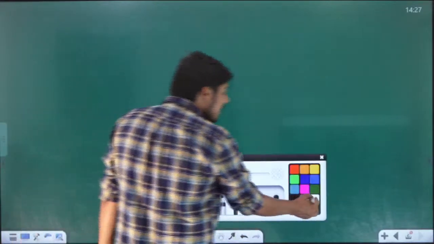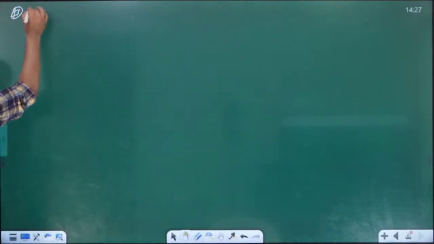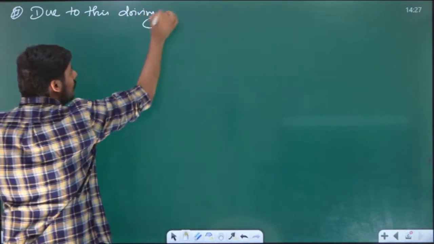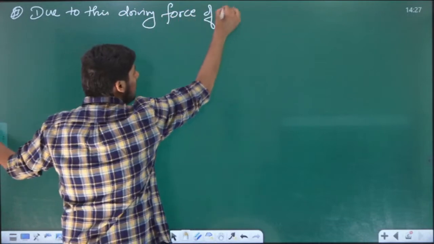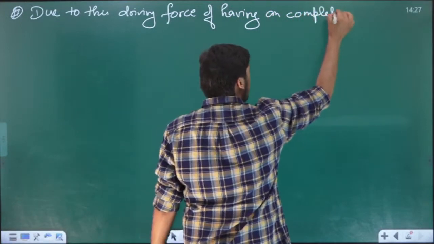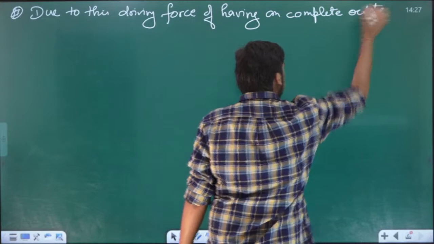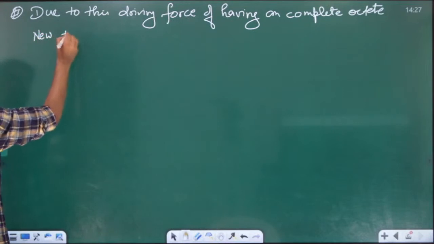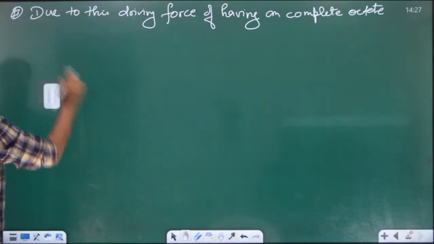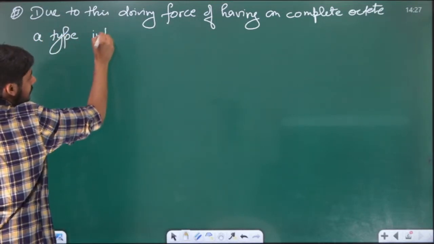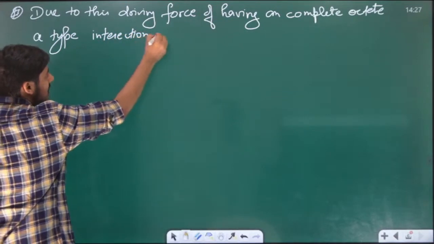Because of this driving force of having a complete octet, write it down please: due to this driving force of having a complete octet, a new type of interaction will start to occur.